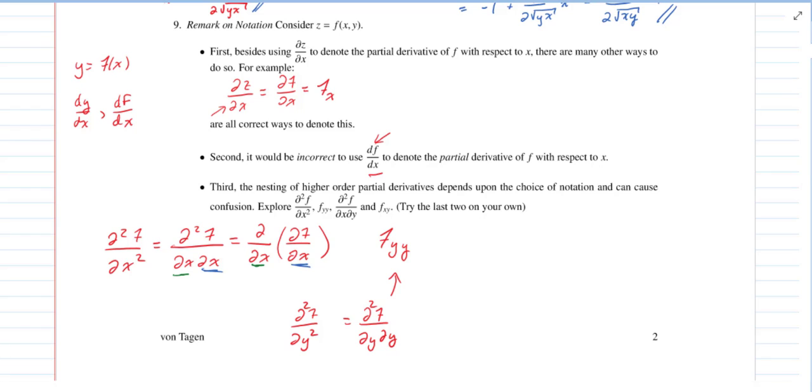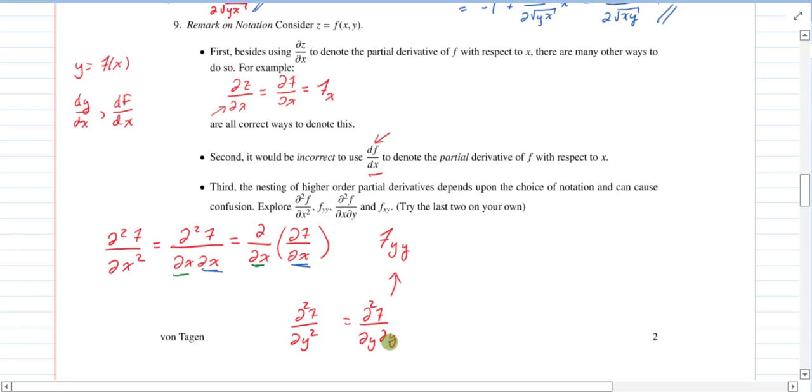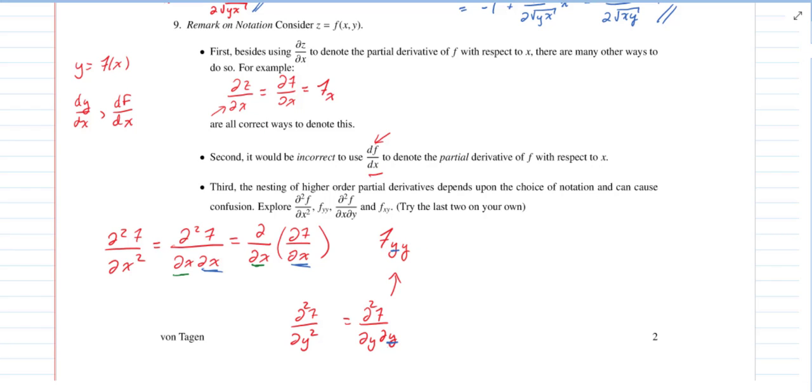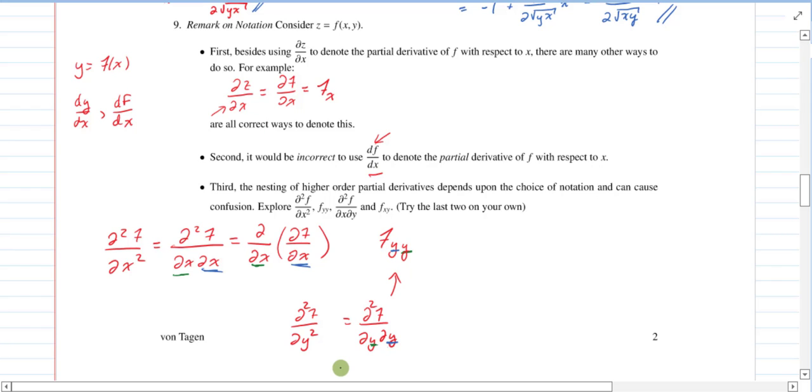But the thing to keep in mind here, so this would be this y, and that would refer to this y right here, and this would be this y, and it would refer to this y right here. So there's a nesting issue that maybe you see that is potentially confusing depending on whether you're using the subscript notation or this sort of form that looks like the limit notation from Calc 1.